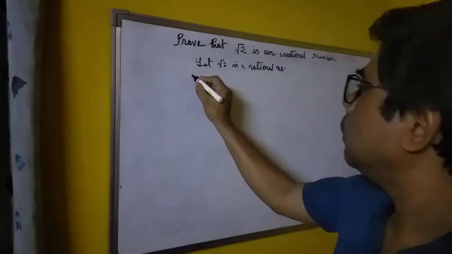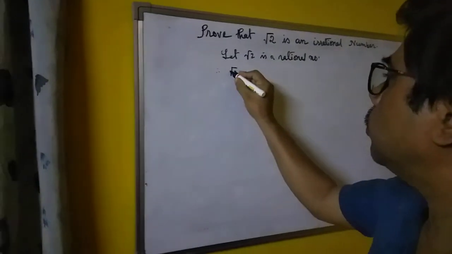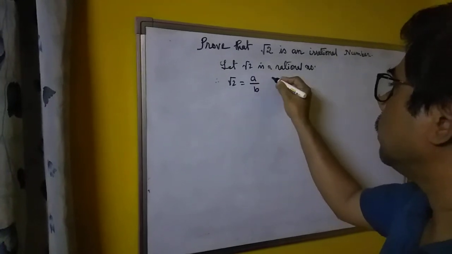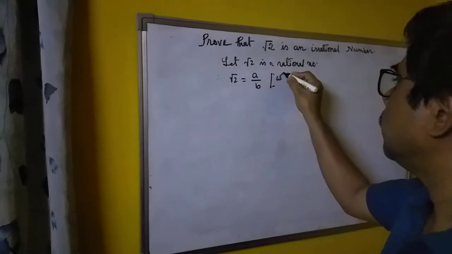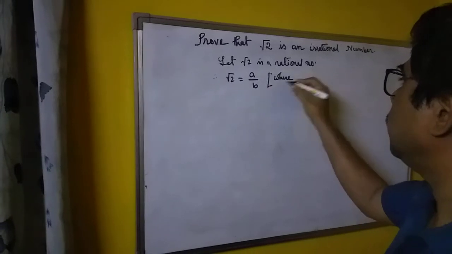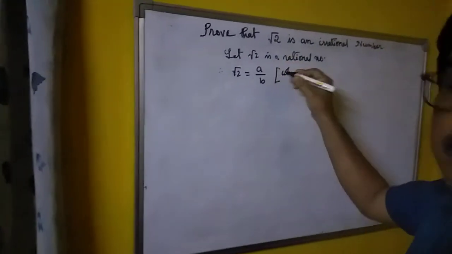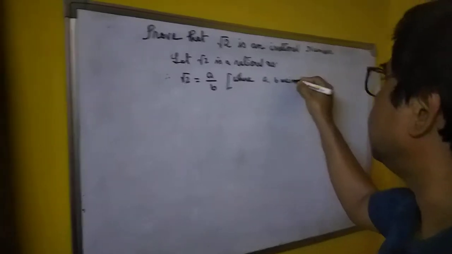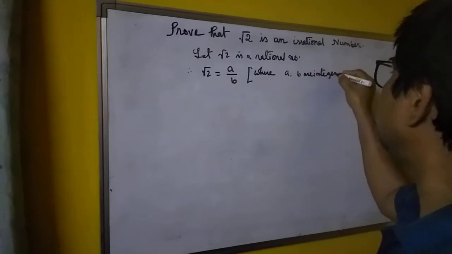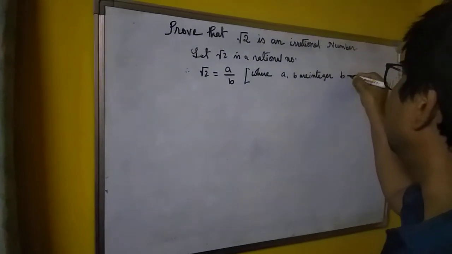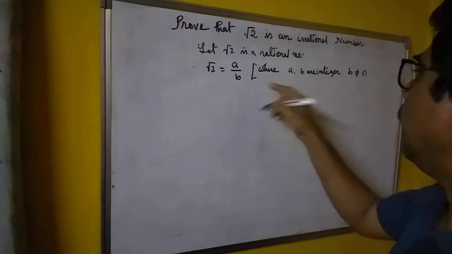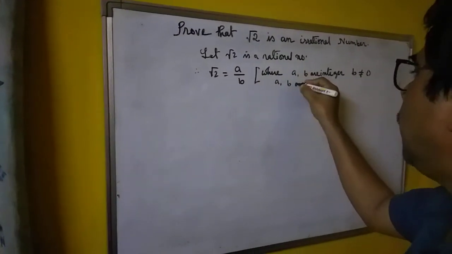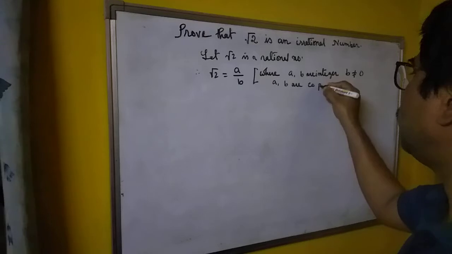Therefore, root 2 we can write as a by b, where a and b are integers, b not equal to 0, and one more important thing is that a and b are co-prime.